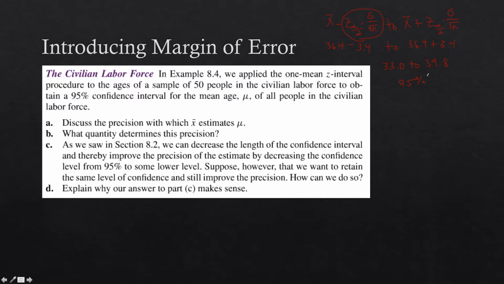So essentially what we have, if we look closely, what quantity determines the precision? Well, if we look closely, this is what we actually have. You have X bar, you have X bar minus z sub alpha divided by 2 times the standard deviation over the square root of n, and you have X bar plus z sub alpha divided by 2 times the standard deviation over the square root of n.